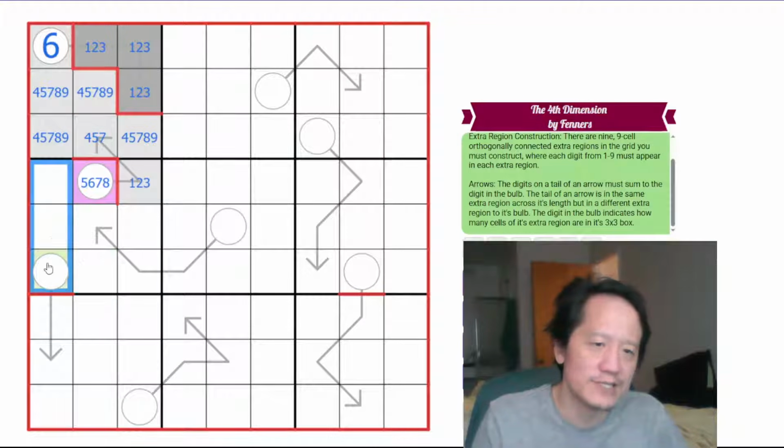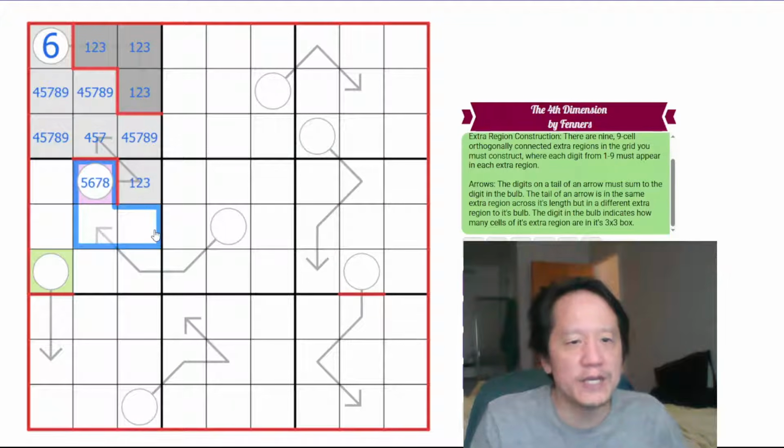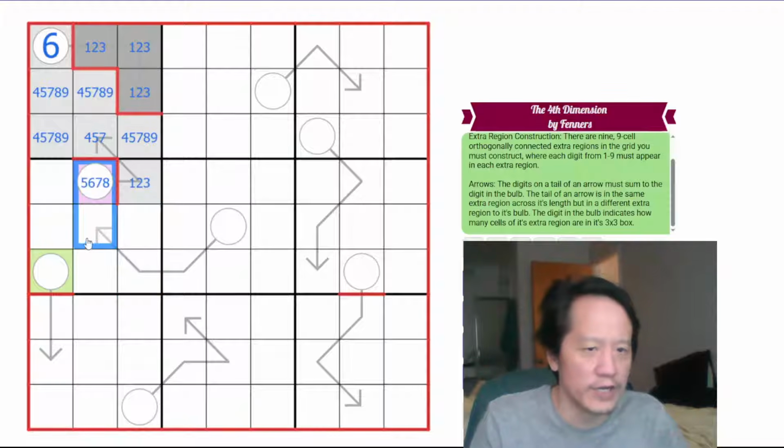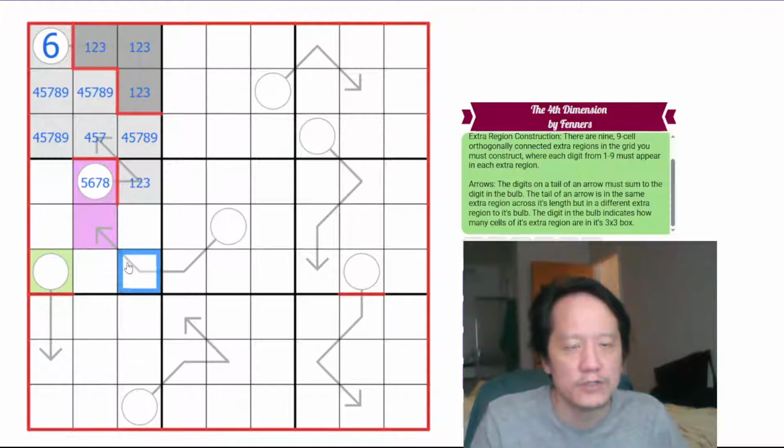This, well, we don't know. This pink has to extend somewhere, and the green has to extend somewhere. The pink has to get out this way. Because if it tried going here, well, I guess it could go this way. Either way, this one has to be pink here. So since this is pink, this must be pink also.